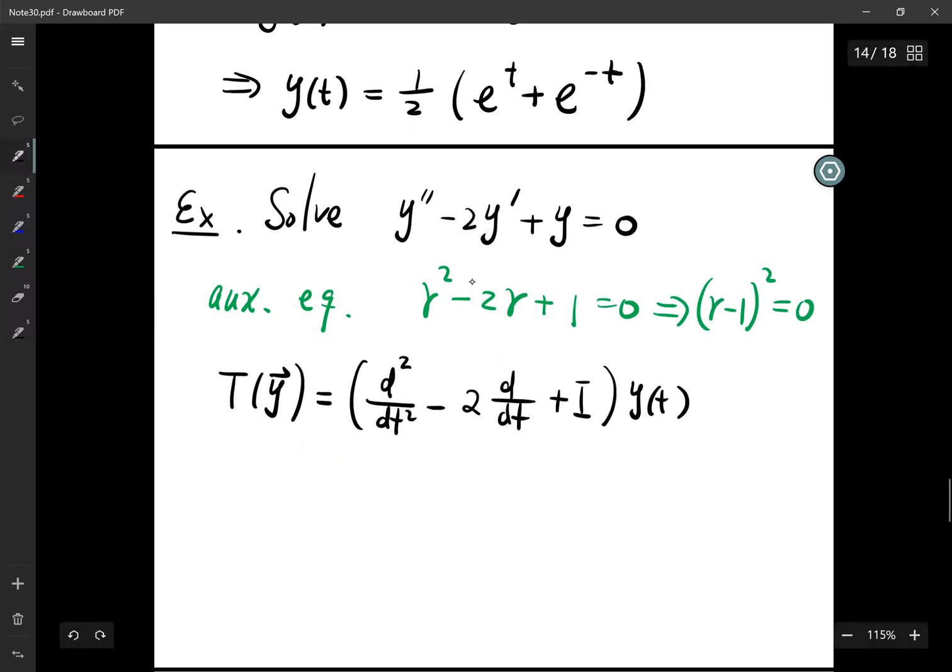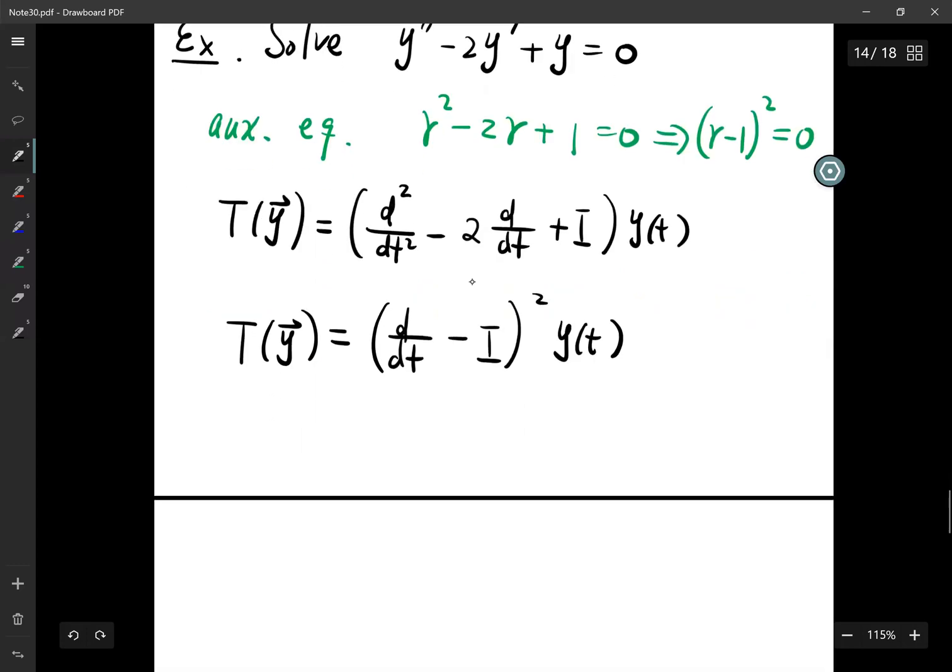Okay, so we carry on with the calculation. So this means that Ty equals (d/dt minus I) squared y(t). I want to convert this to a first order differential equation.